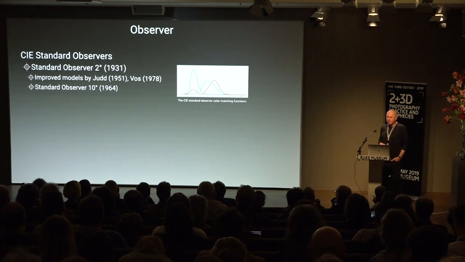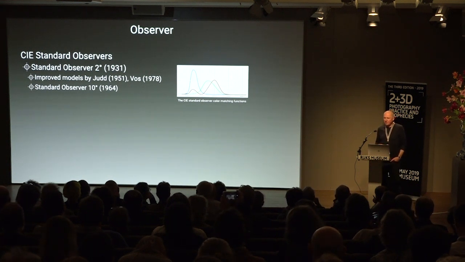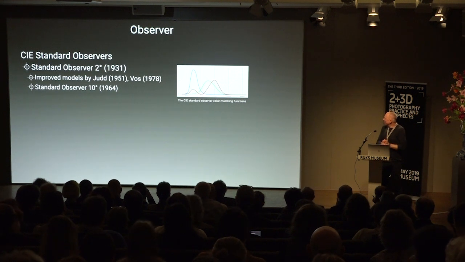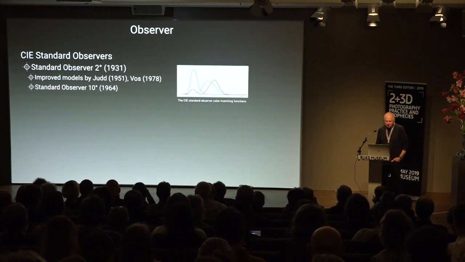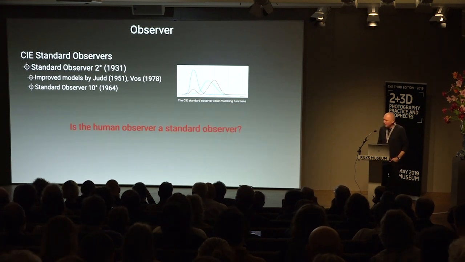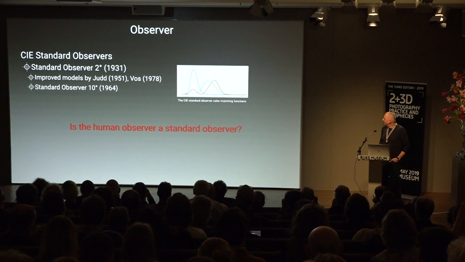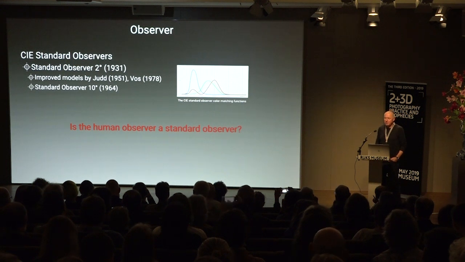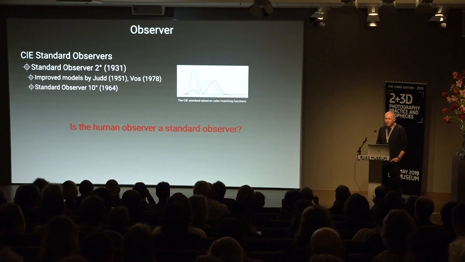Computing power was not quite at the state of your watch at that time, so there definitely were errors. These models have been improved over time, but the human observer is not a standard observer, not even the improved version of 1964.